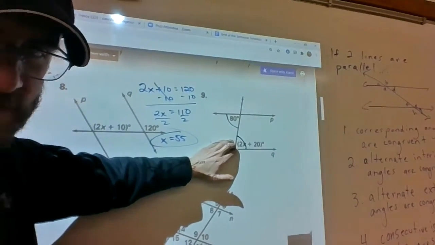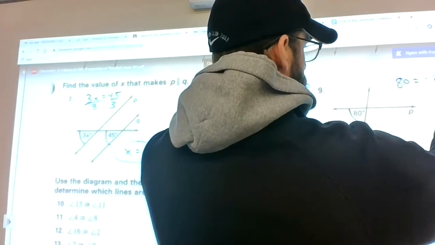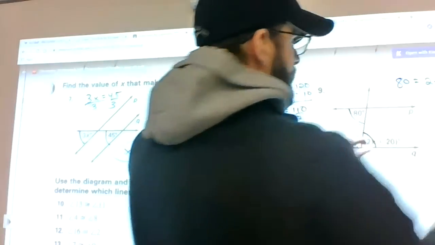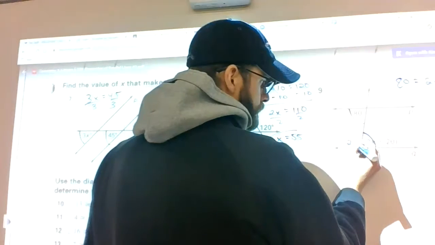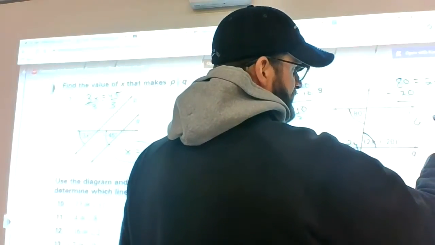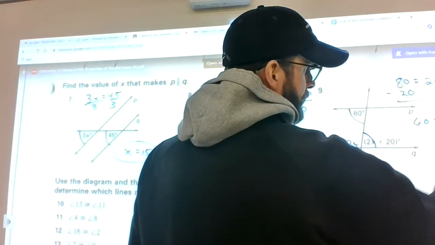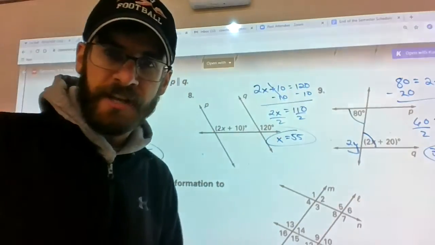It's number 2 on the list. So you set 80 equal to 2x plus 20 and then solve the equation from there. Subtract 20 from both sides. 60 equals 2x. Then divide by 2. Hey, x equals 30. You get your first angle.